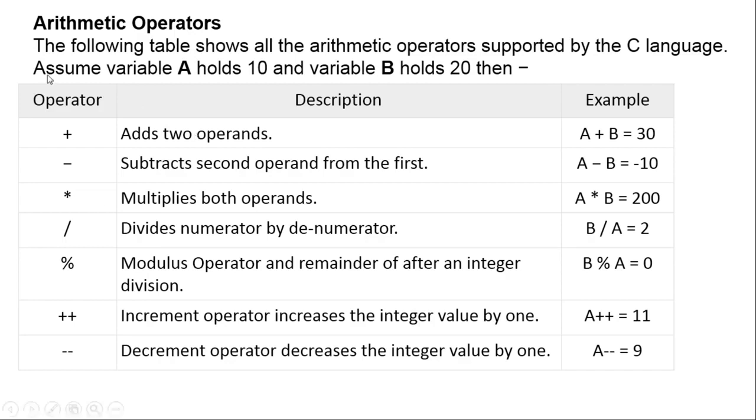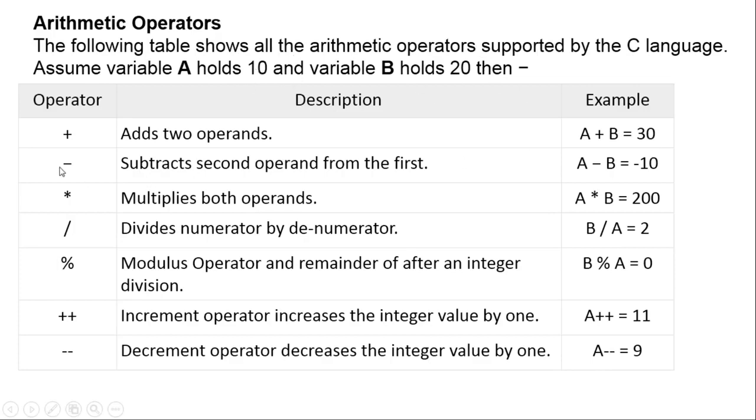For example, assume a variable A holds value 10 and a variable B holds value 20. Here A and B are variables, meaning operands. If we perform a plus operation between A and B, then plus is used to add two operands, so A plus B is equal to 30 because the value of A is 10 and the value of B is 20.